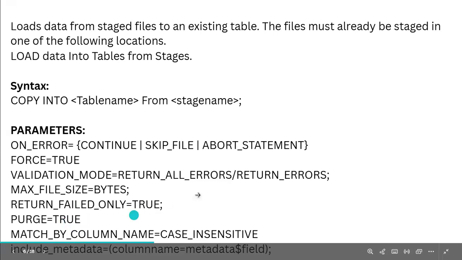Next we have some parameters in the copy command like metadata file ID and so on. I'll explain this in a later class. Next, by using MATCH_BY_COLUMN_NAME with case insensitive, whatever the case, upper or lower, the data will be loaded. So that's it about the parameters.